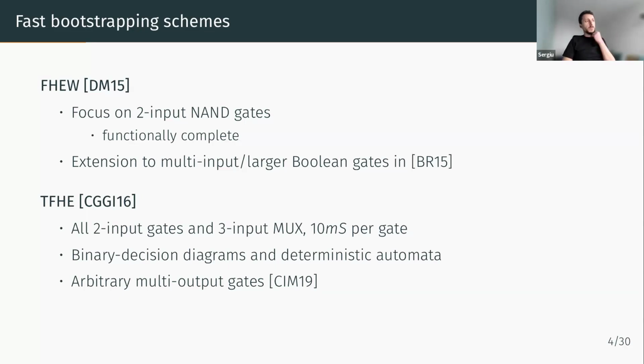And in a subsequent work, the TFHE scheme was extended to support multi-output gates at the price of one bootstrapping. So you only do one functional bootstrapping, but you are able to evaluate several functions on the same input, which in some cases is interesting.